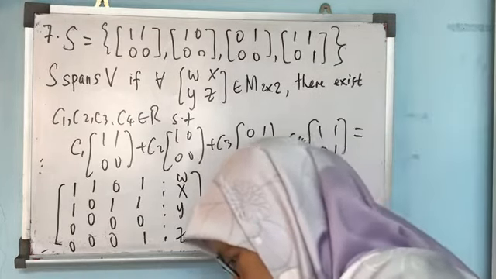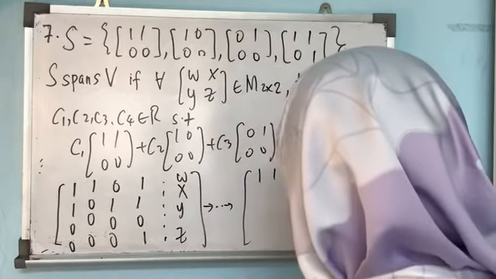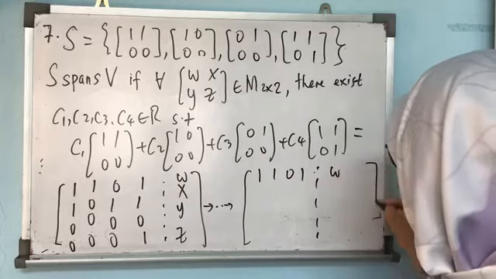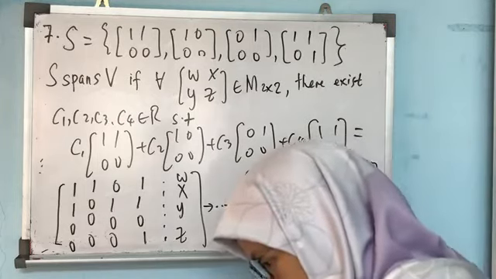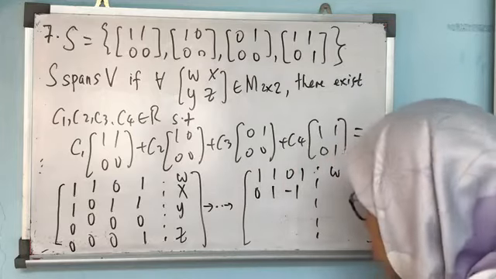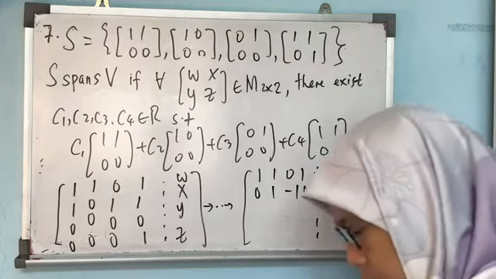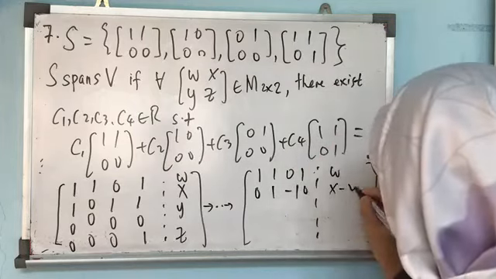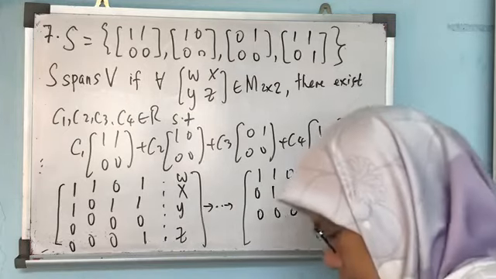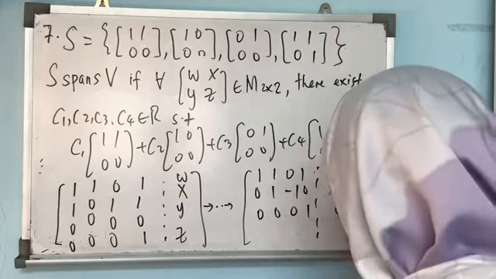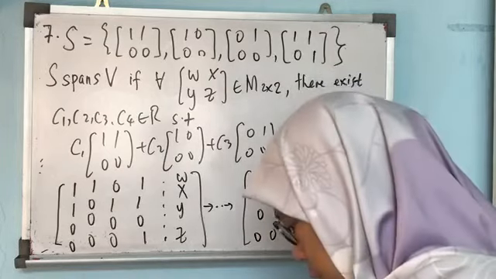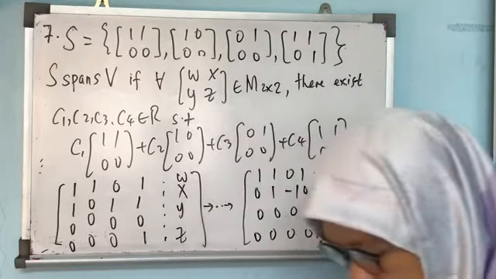It's in the book. 1, 1, 0, 1, W, 0, 1, negative 1, 0, X minus Y, 0, 0, 0, 1, W, 0, 0, 0, 0, Z.